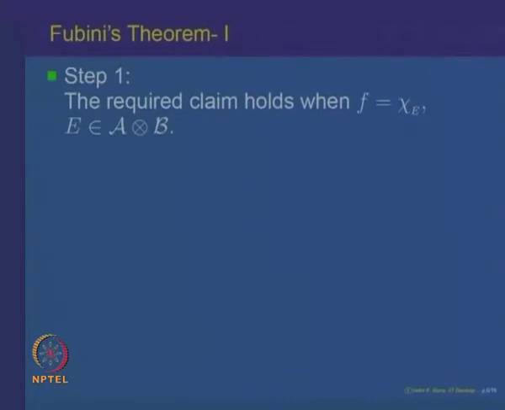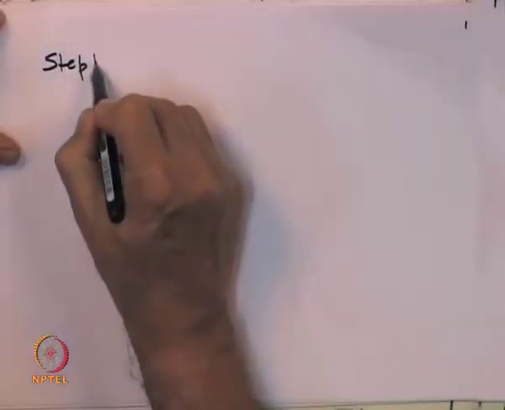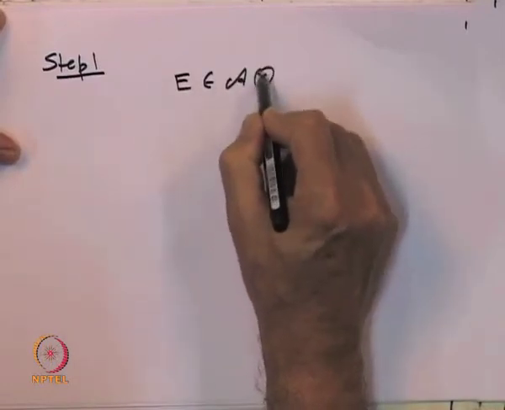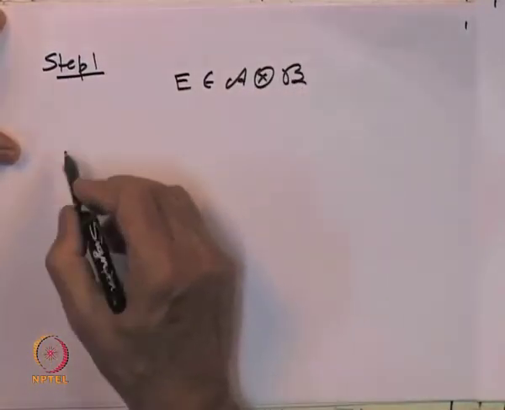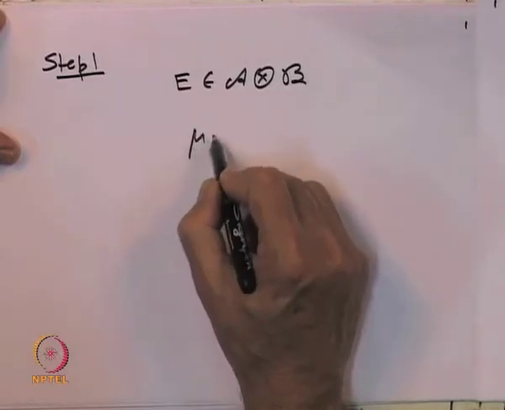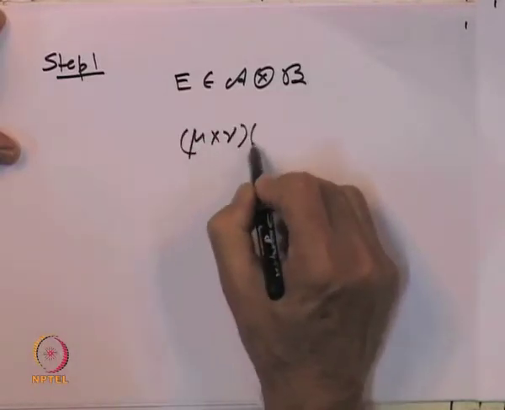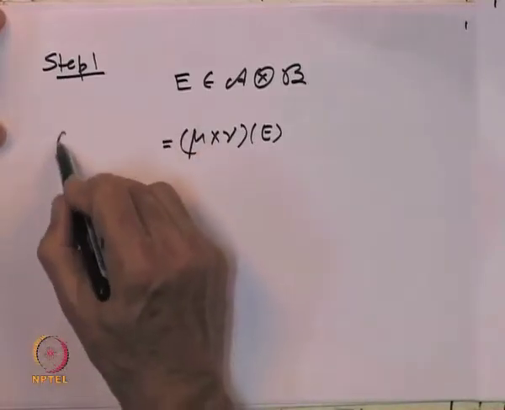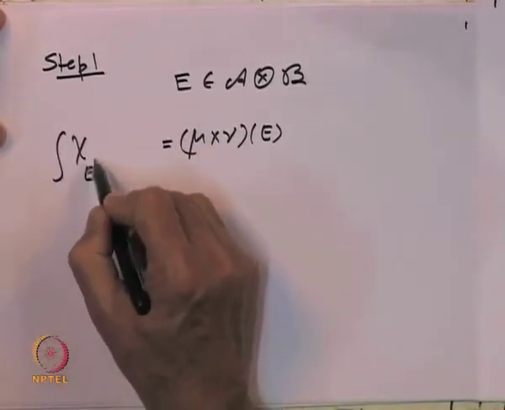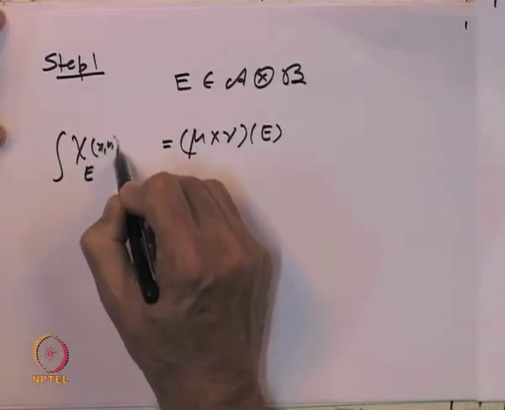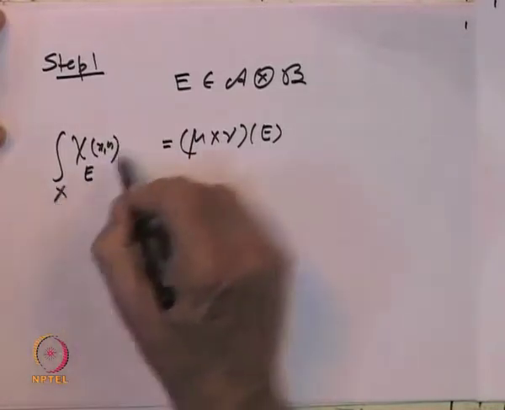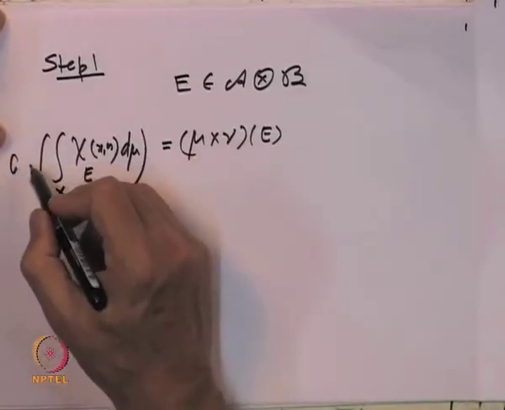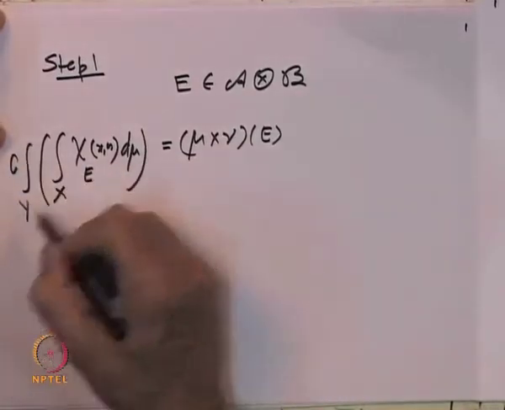So step 1, when E is an element in the product sigma algebra, we had already shown that the product measure mu cross nu of E on one hand is equal to, you take the indicator function of E and integrate out with respect to x d mu, and then integrate that with respect to the variable y.